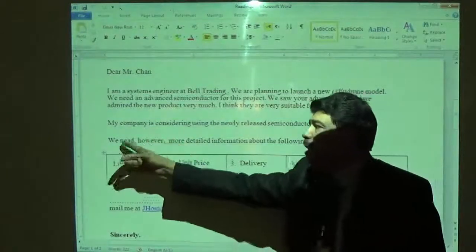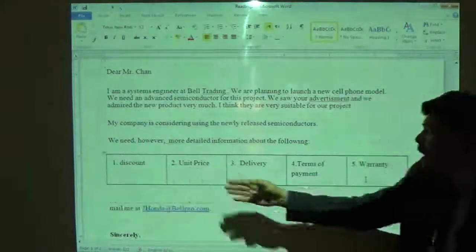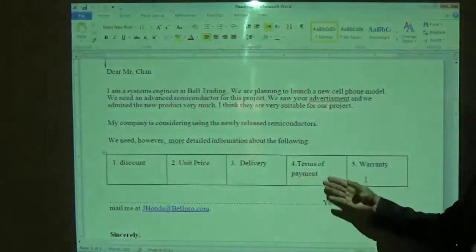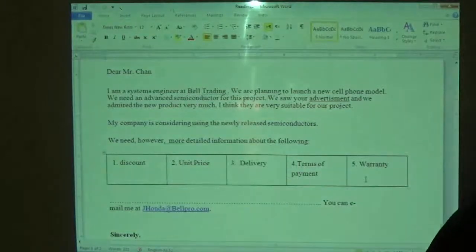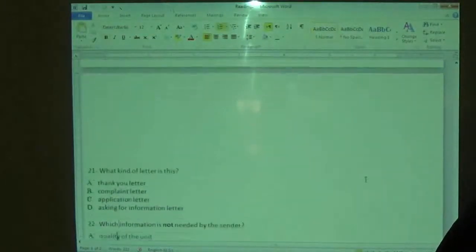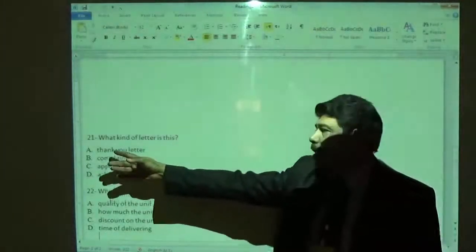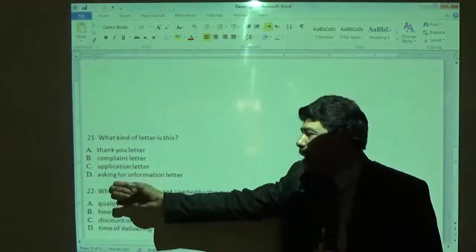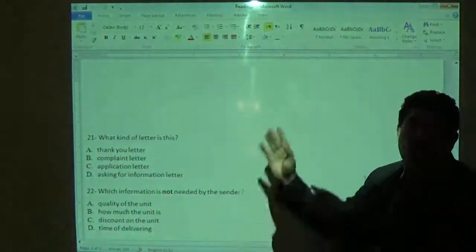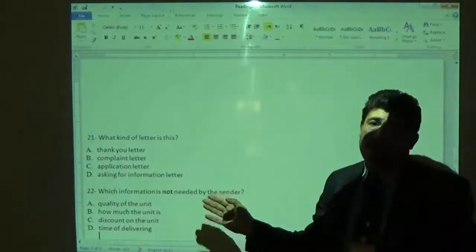The sender of this letter needs information about these things: the discount, the unit price, the delivery, terms of payment, and the warranty. So when he asks me this question, what kind of letter is this? It is not a thank you letter, complaint letter, or application letter; it is an asking for information letter. If you go back to the letter, you will see that he is asking for something.